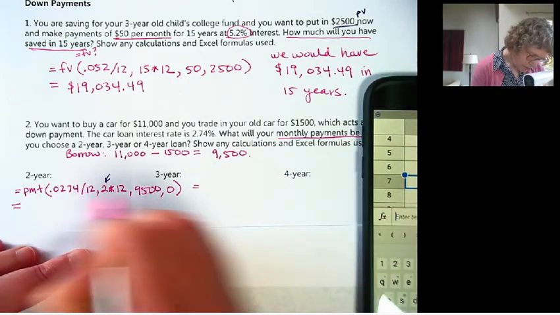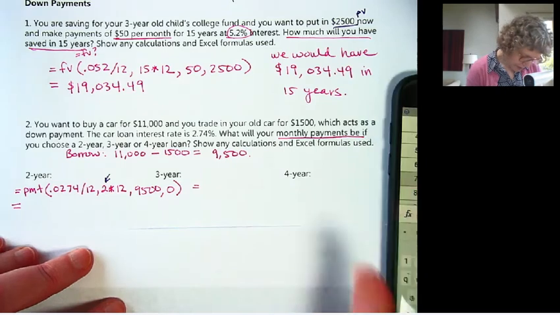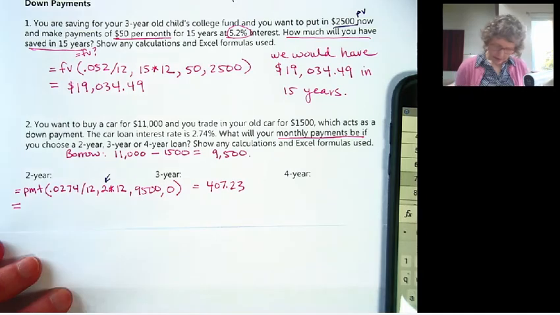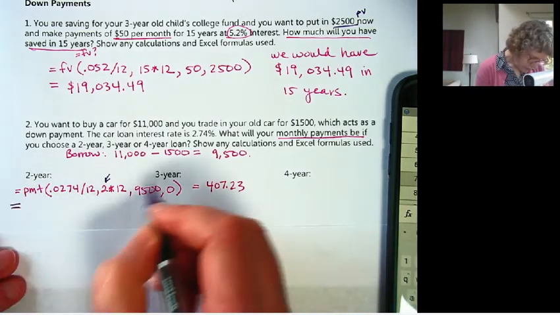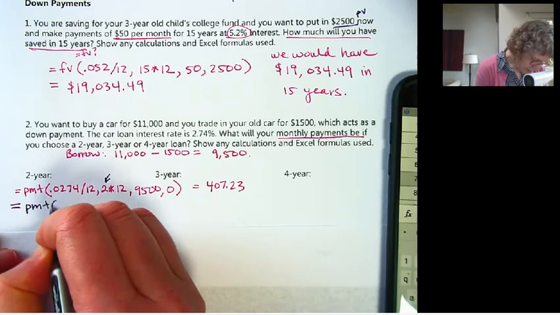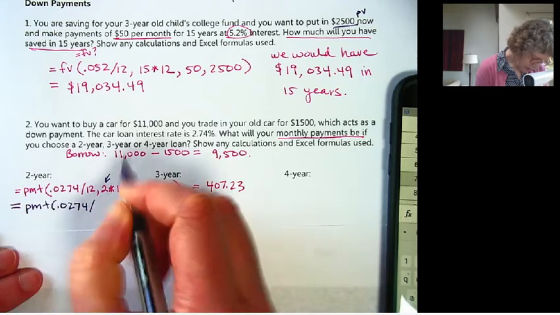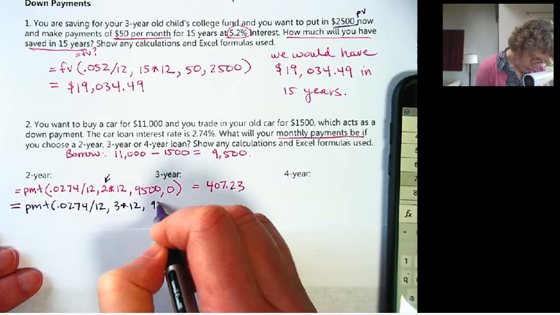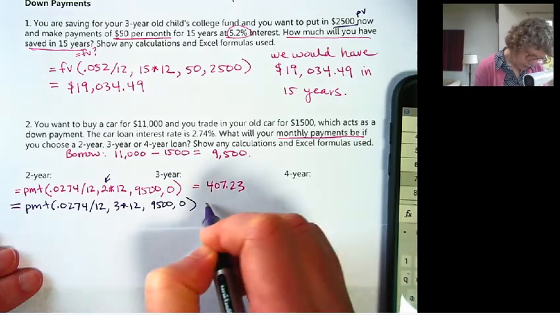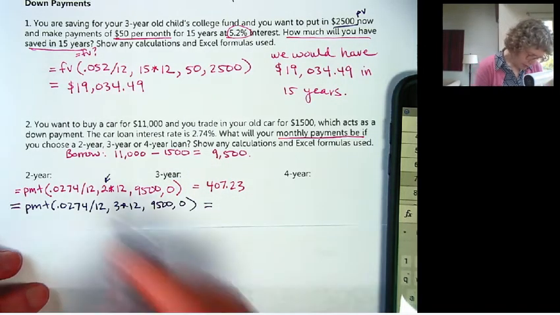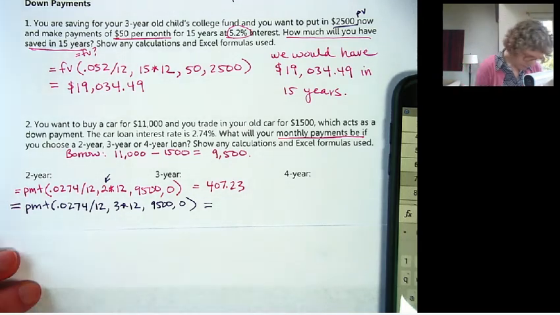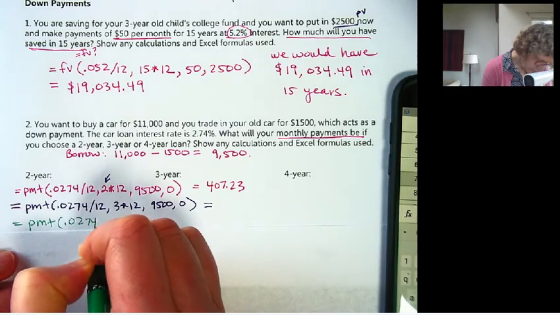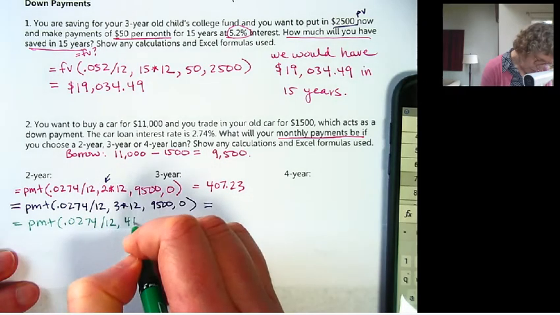Actually, I'm going to go this way because I can see I'm not going to have room to write that formula. And then let's go down. What if we do this in 3 years? So payment 0.0274 divided by 12, 3 times 12. We'll get that number, and then 4 years, different color. That would be 4 times 12.